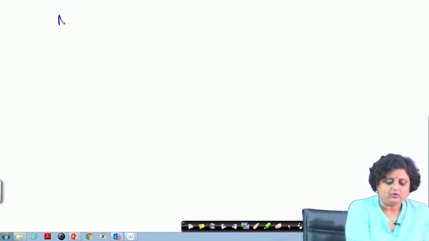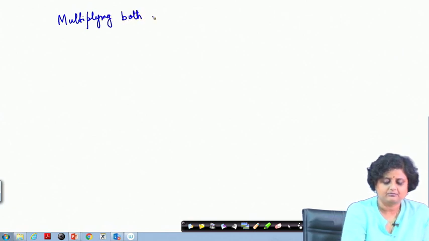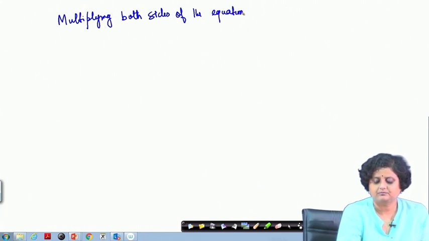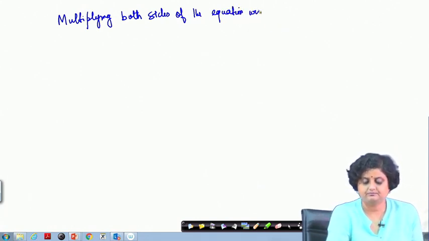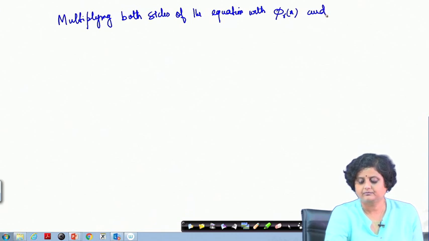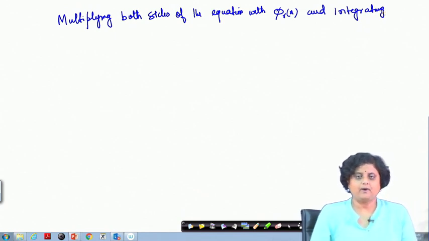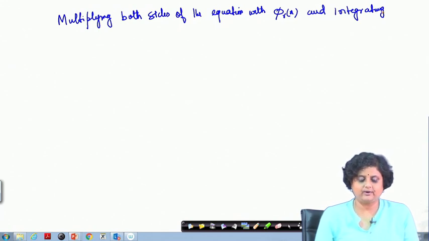So, what I am going to do is multiply both sides of the previous equation and then integrate it with respect to x.